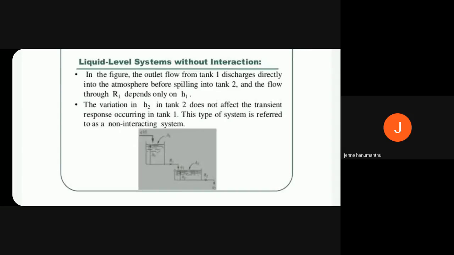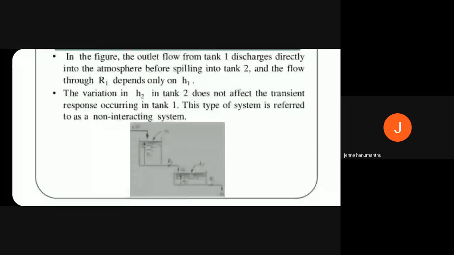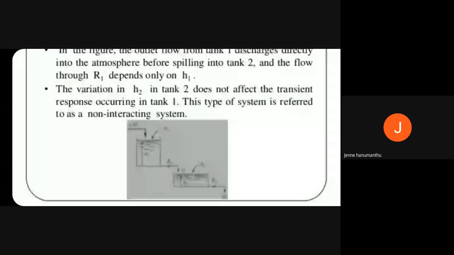We will see in the figure, outlet flow from tank 1 discharges directly into the atmosphere before spilling into tank 2, and flow through R1 depends on H1. The variation in H2 in tank 2 does not affect the transient response occurring in tank 1.